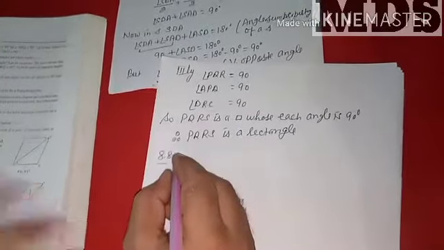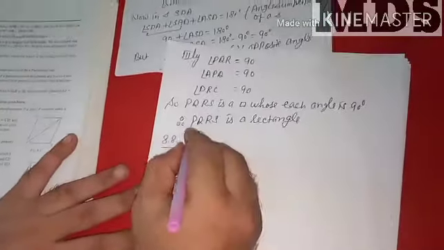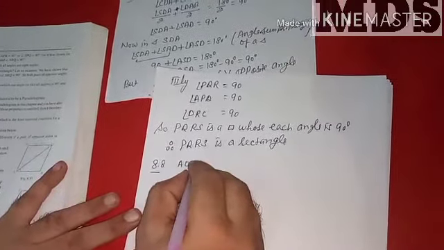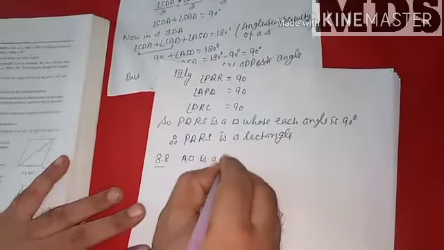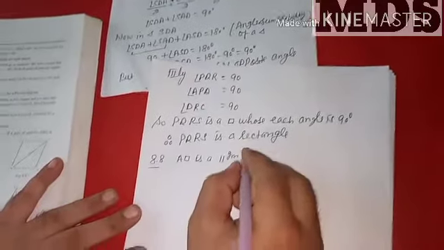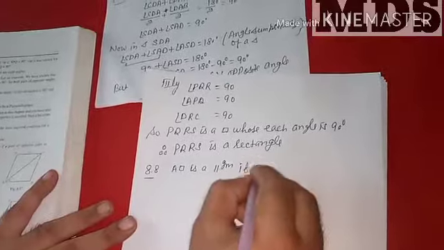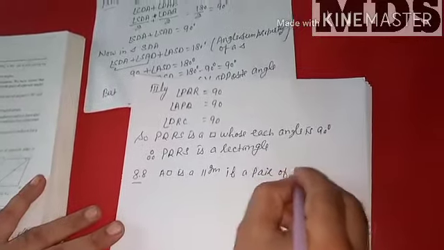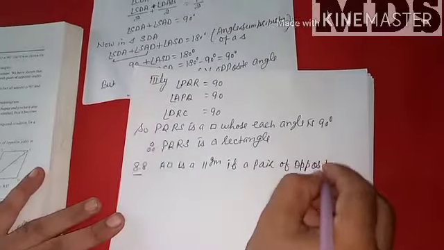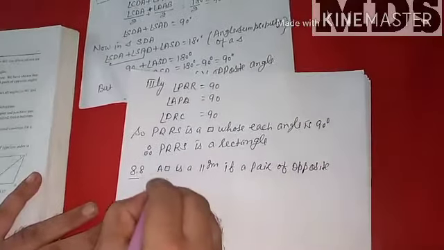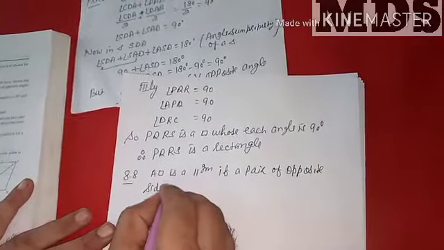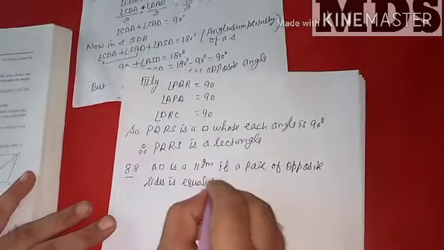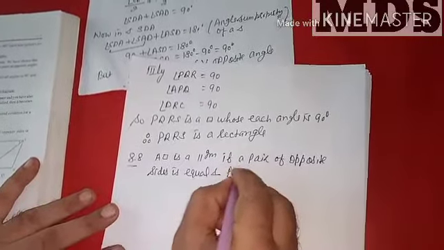So this is another way a quadrilateral is given to you, and the theorem is this: a quadrilateral is a parallelogram if a pair of opposite sides is equal and parallel.